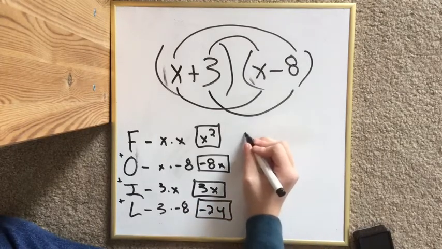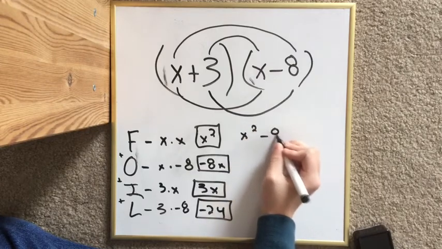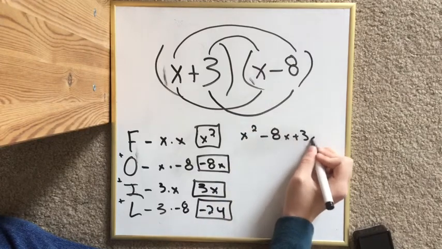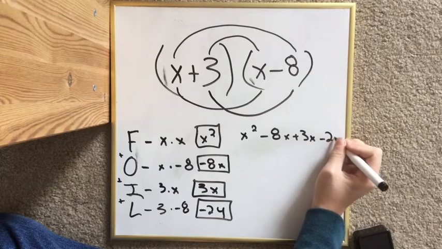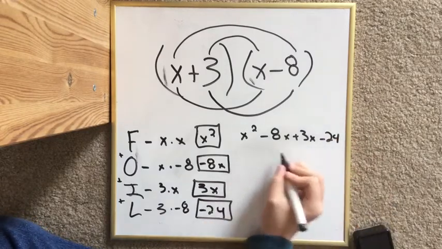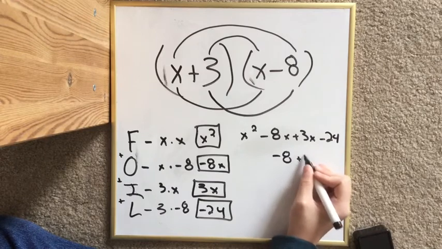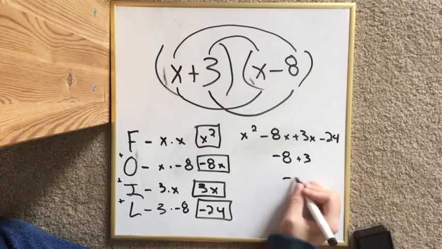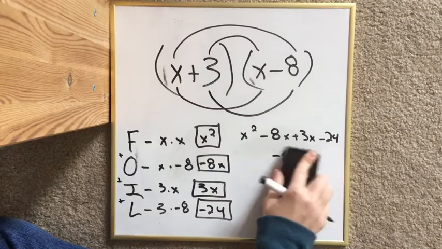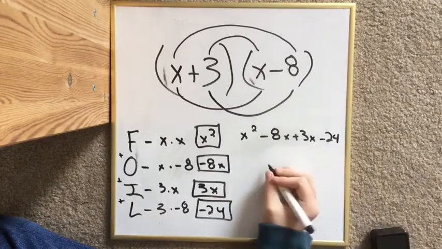So now that we have that, let's just write them all down. x squared minus 8x plus 3x minus 24. We are almost done, but you will notice that we have like terms. The negative 8 and the 3 would make a negative 5. So we have to combine like terms.